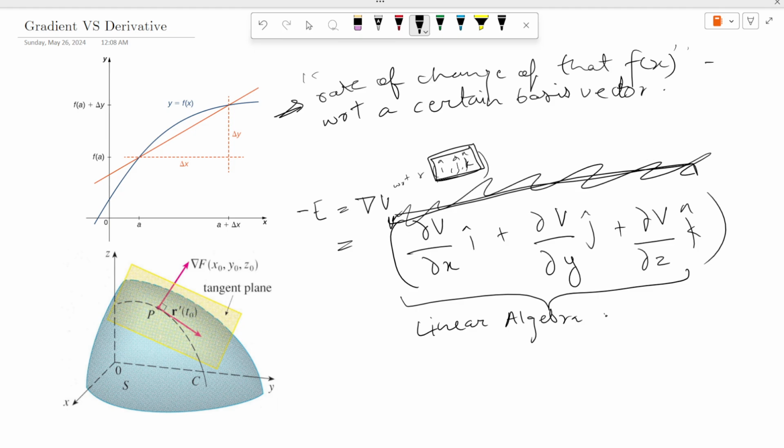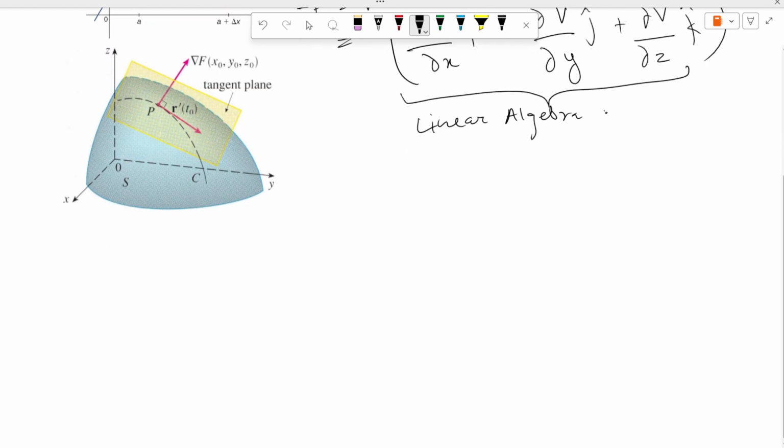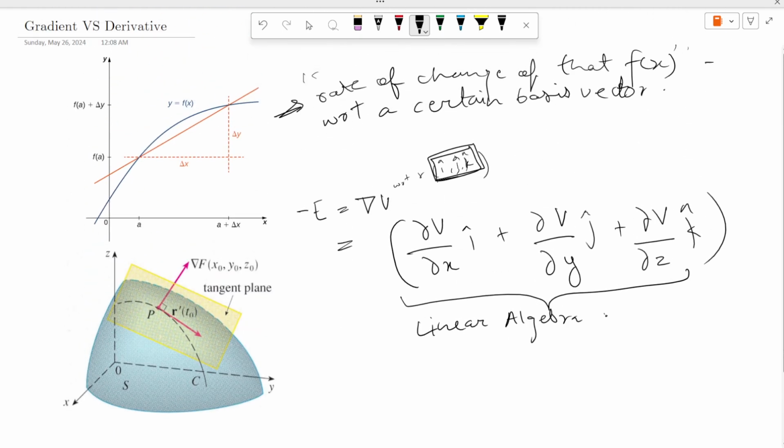So what a gradient gives you, definition-wise, is the fastest way to bring change, the steepest path to get up, right? It gives you the fastest path to get up, the steepest path to get up on a graph, right?